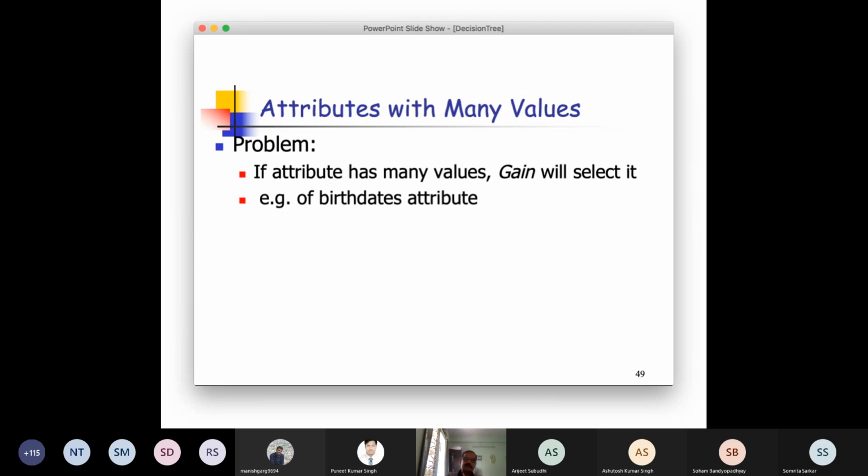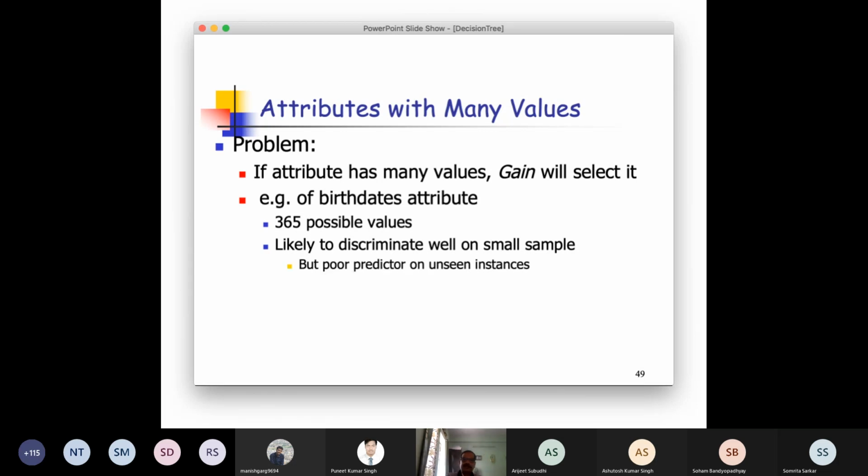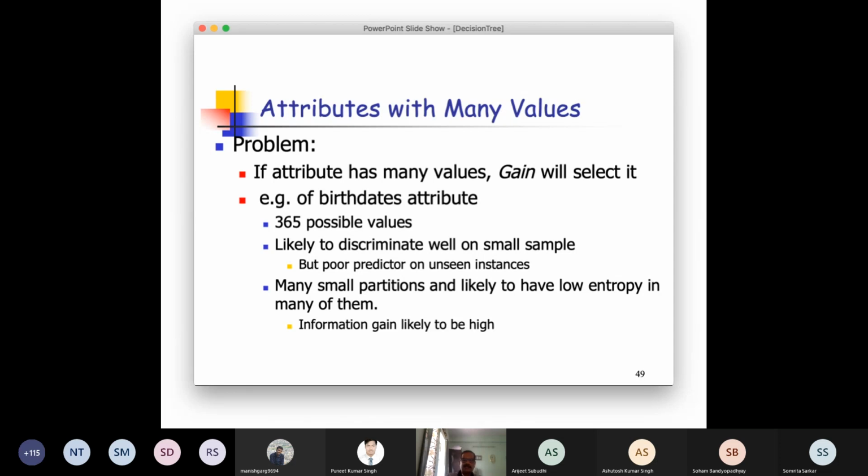So this is one example, say birth rates, and it is likely to discriminate well on a small sample, but be a poor predictor on unseen instances. So what you should do in that case is compensate. There are measures to do that.